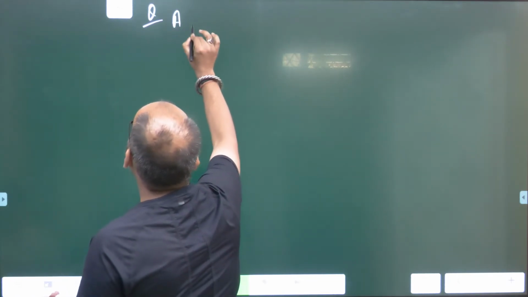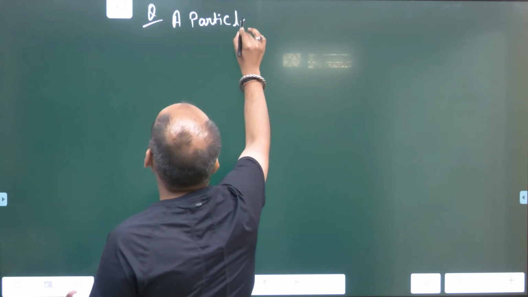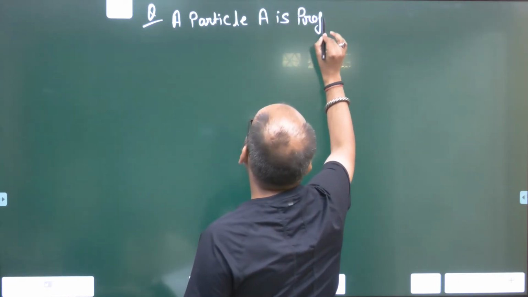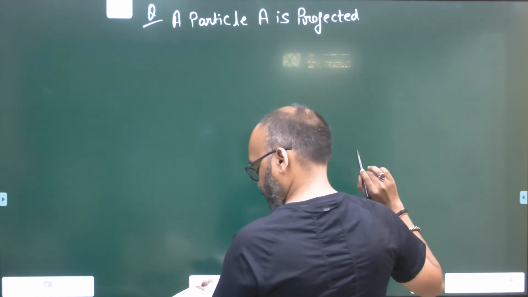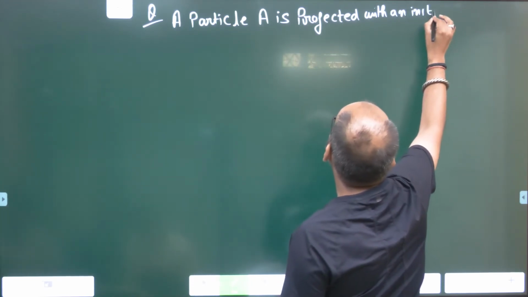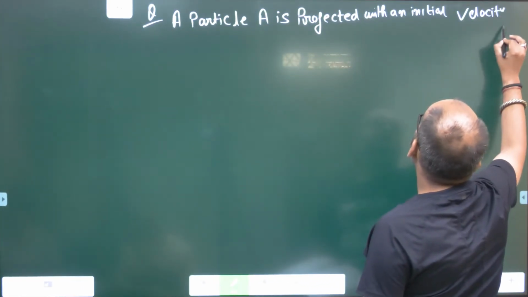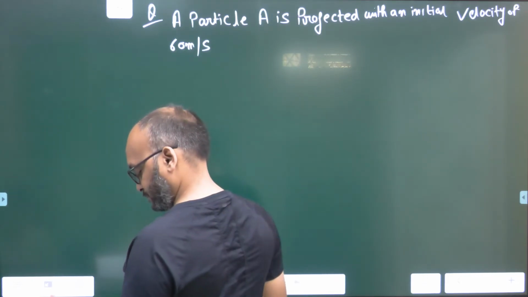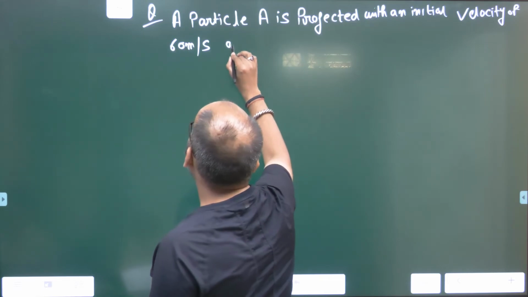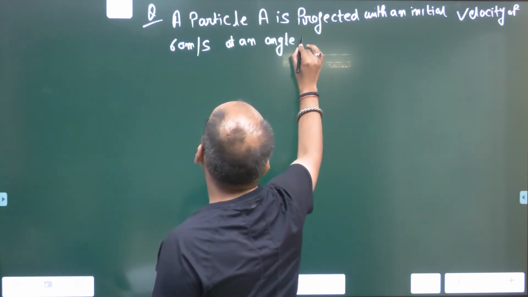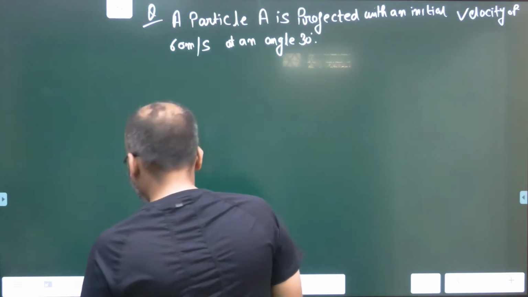A particle A is projected with an initial velocity of 60 meters per second at an angle of 30 degrees to the horizontal.